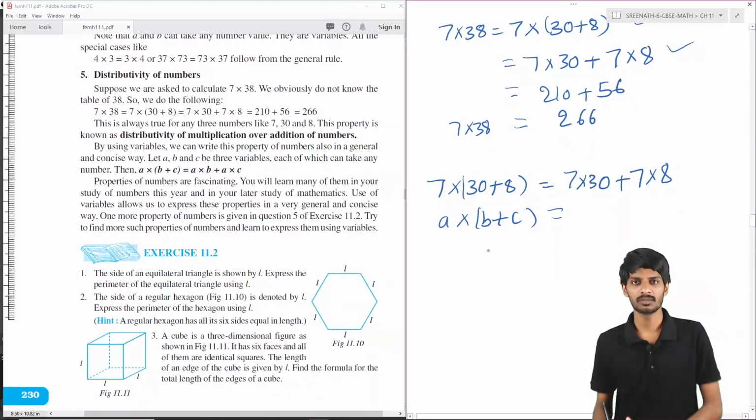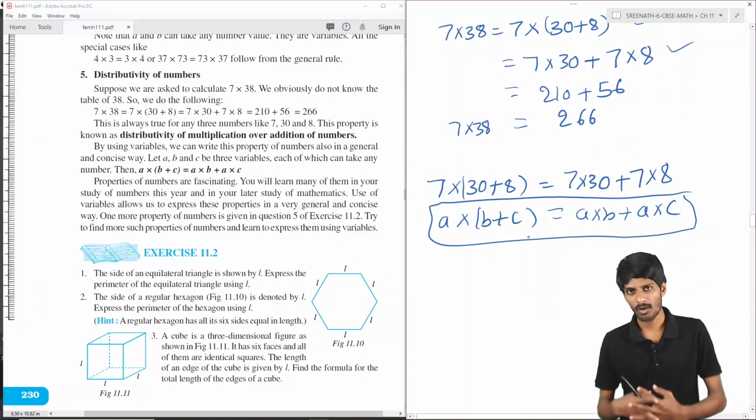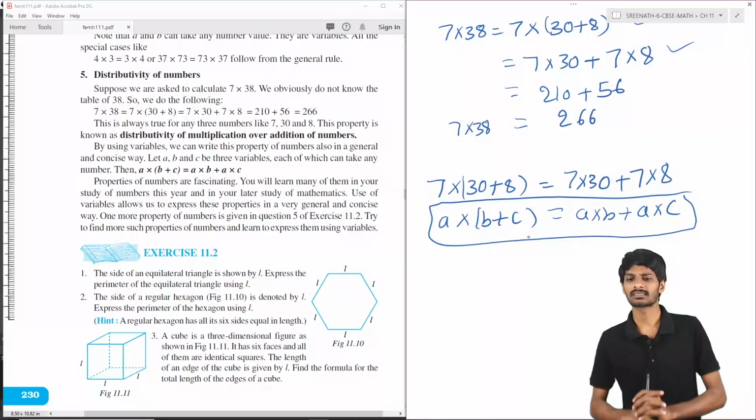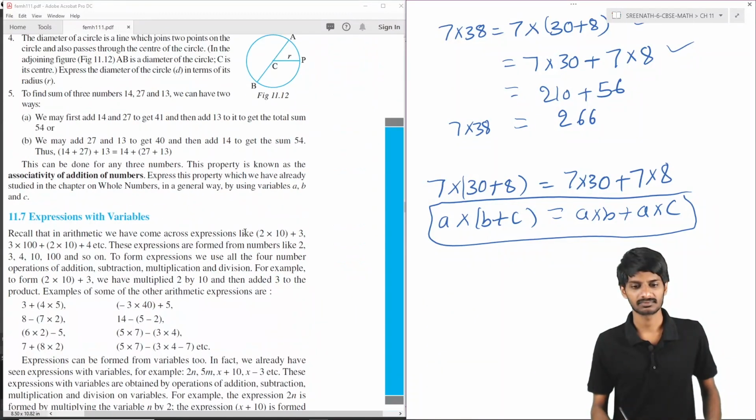That is a cross b plus c equal to a cross b plus a cross c. So this is the formula, students. This is in the form of variables, so that it is very easy to remember and very easy to apply. We can substitute any number in place of a, b and c.